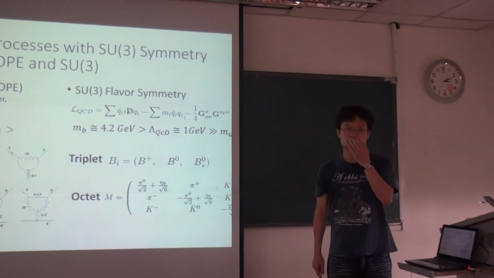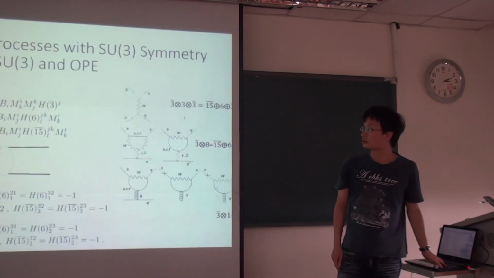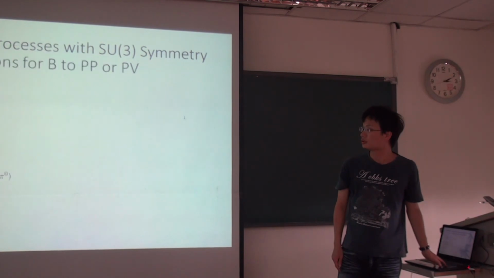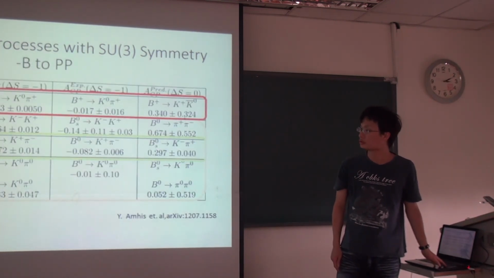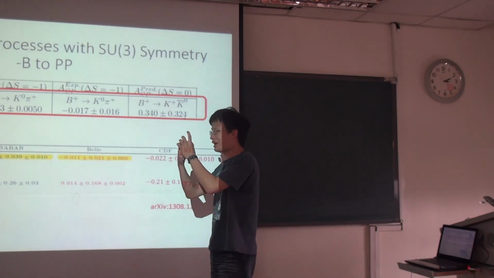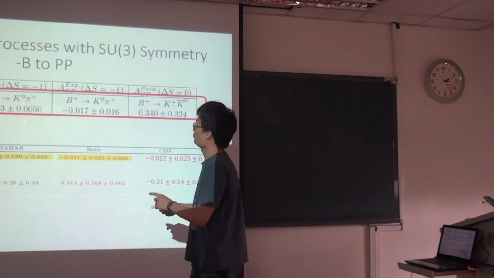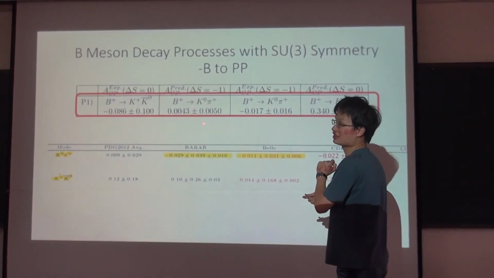More questions? I have a question. In your conclusion, you said that there are 2 processes that might deviate from the standard model. How many sigmas deviation is that? Actually, I said may have. For example, these 2 numbers, this is a 1 sigma range.